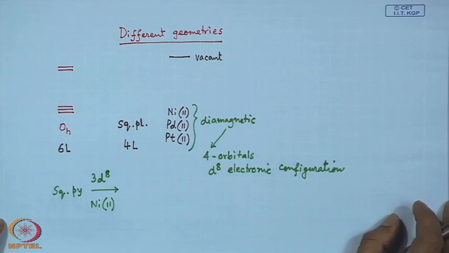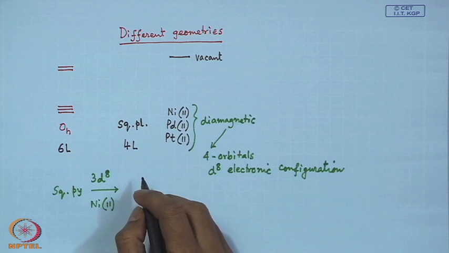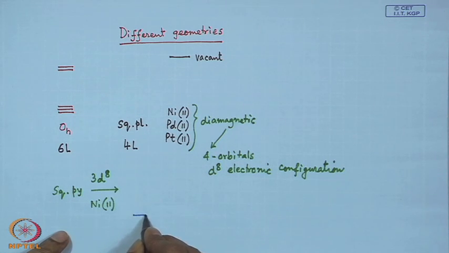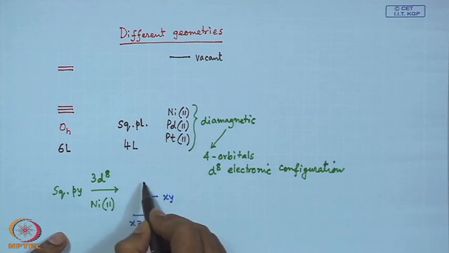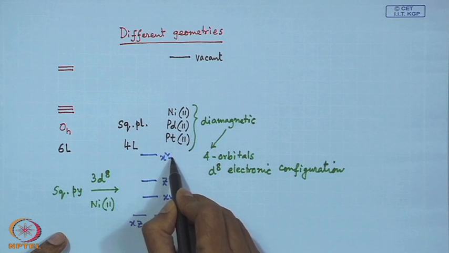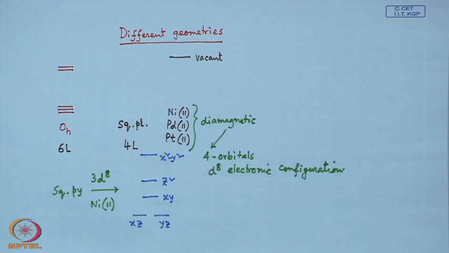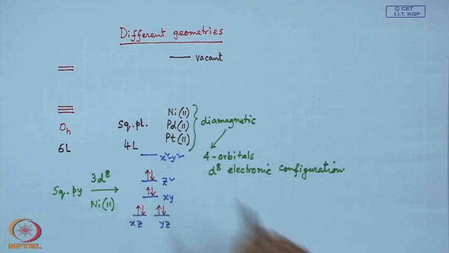This 3d8 situation can be handled very nicely if we consider the levels as xz and yz, then xy, then z square, and finally the configuration would be dxz2, dyz2, dxy2 and dz square 2.